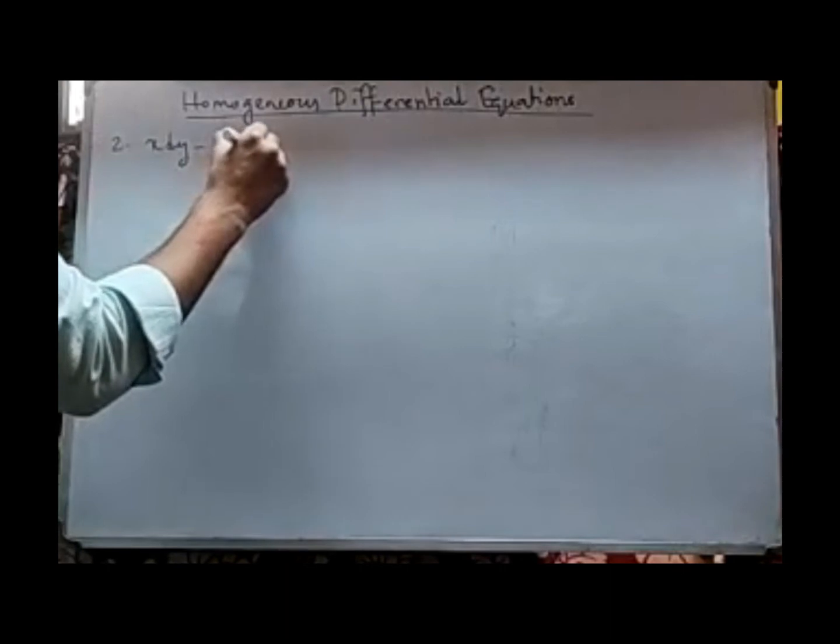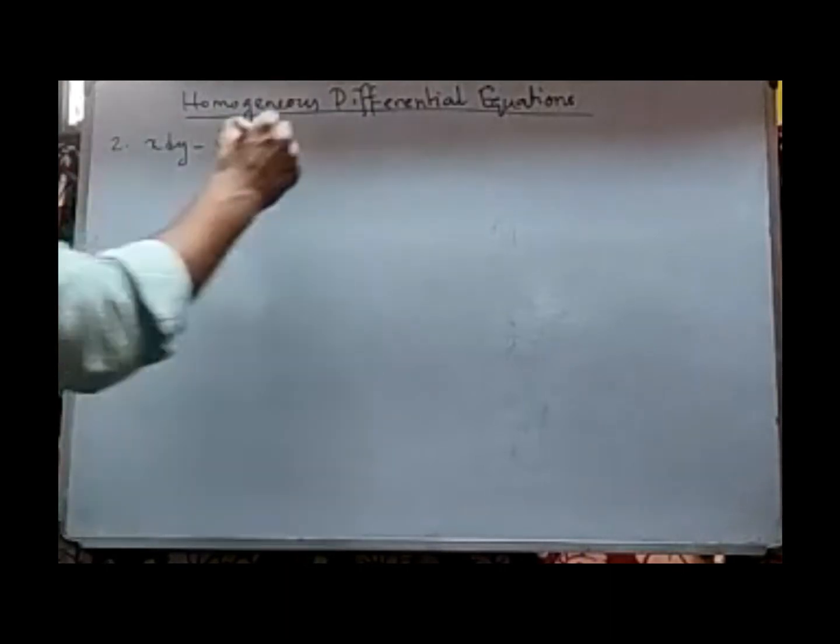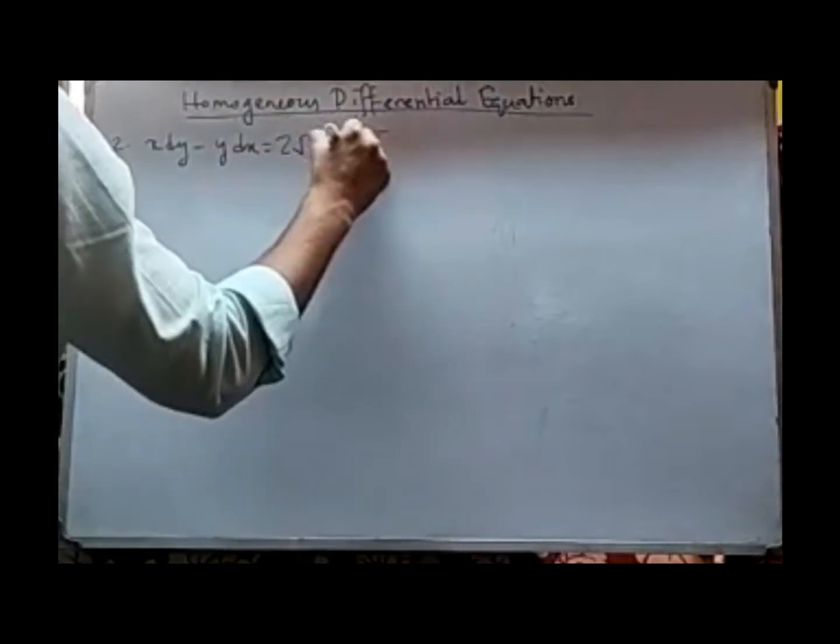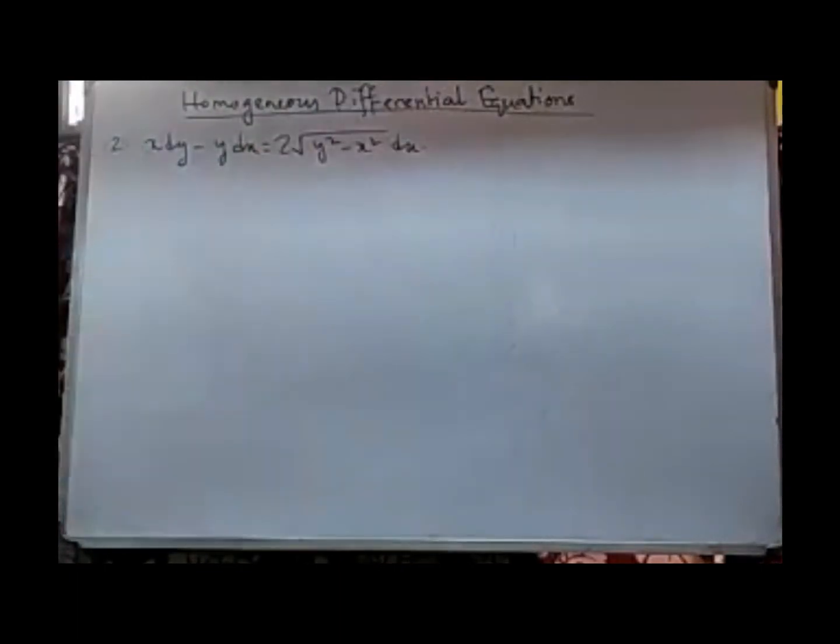So next we are taking this one. x dy minus y dx is equals to 2 root over of y square minus x square dx. No given conditions are there, so this much we have.